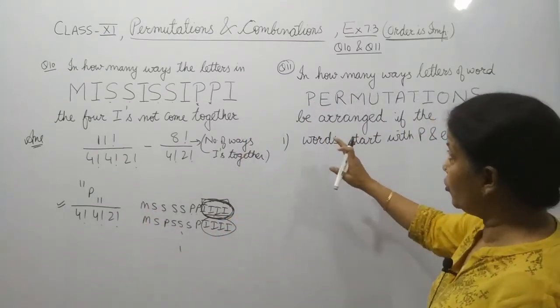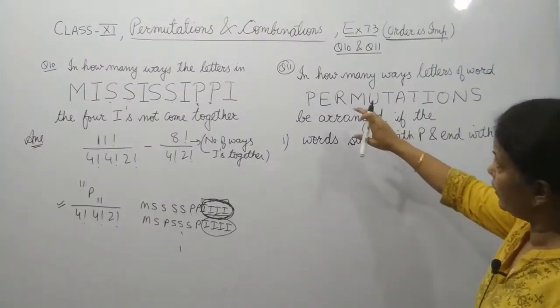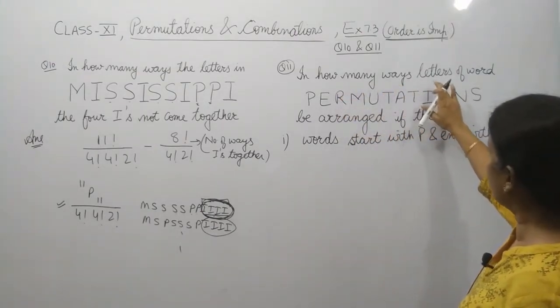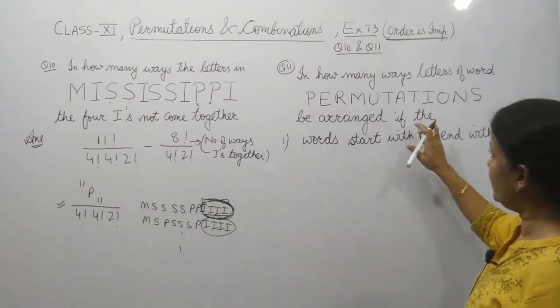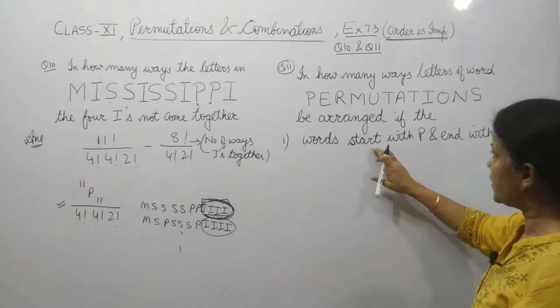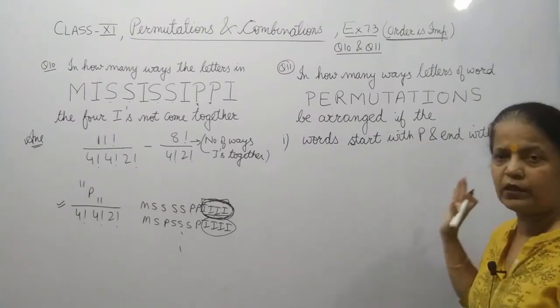Now, question 11. In how many ways can the letters of the word PERMUTATIONS be arranged if the word starts with P and ends with S?